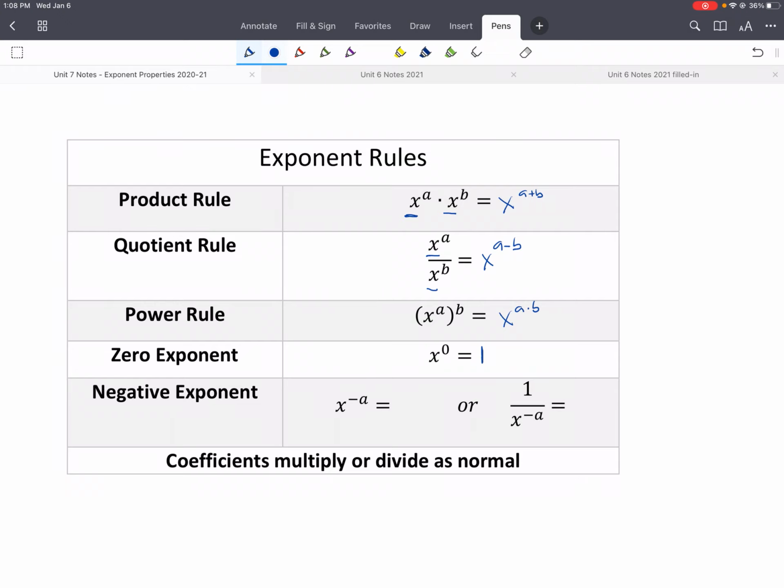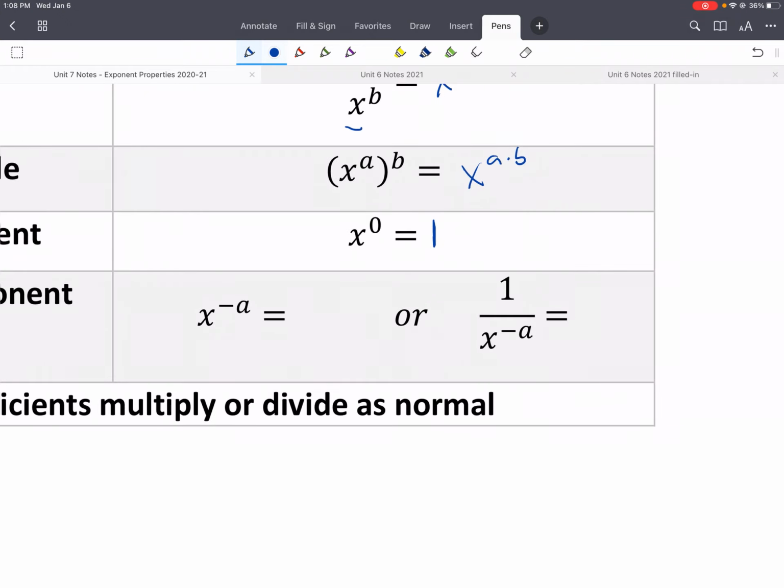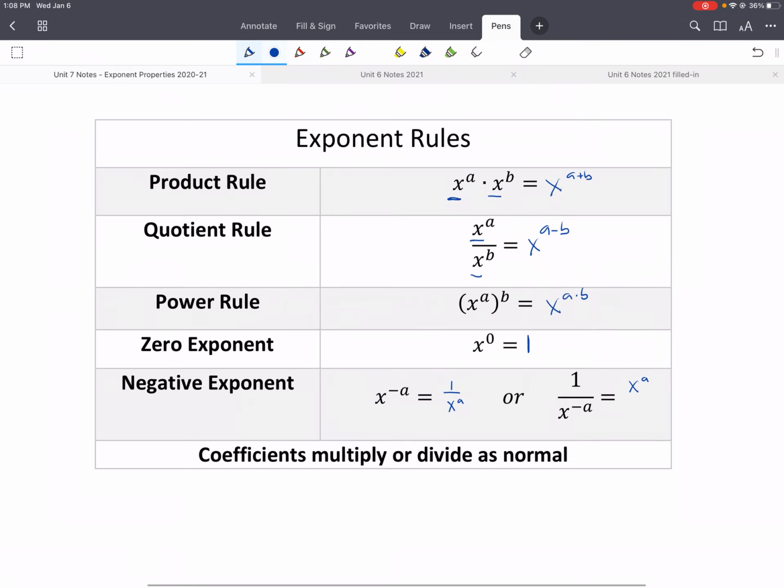X to the 0 is 1. And then if we have negative exponents, then we need to bring it to the bottom and change the sign of the exponent. Or if it's on the bottom, then we bring it to the top and we change its sign. Okay? Coefficients, you multiply or divide as normal.